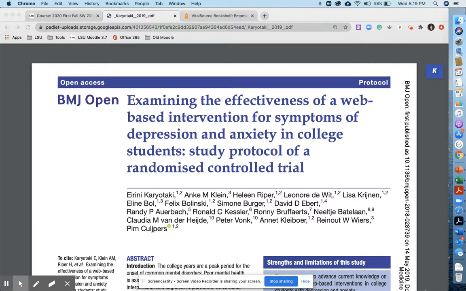That means that this is a proposal or a description of the procedures for a randomized controlled trial. So this is like your project in that it will not have a results section. It is just going to have all of the information about the procedures of a proposed study.